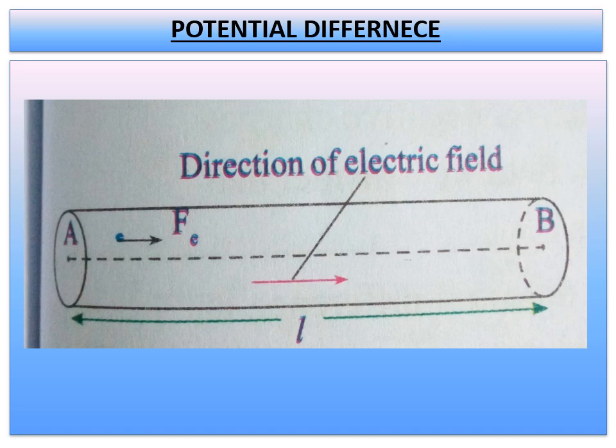So the free charges, as I already discussed, accelerate in the direction opposite to the electric field set up. That means the electric field does some work to move the charges in a specified direction. Remember those points.